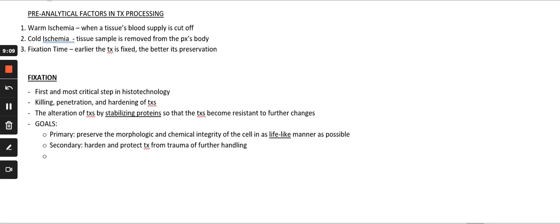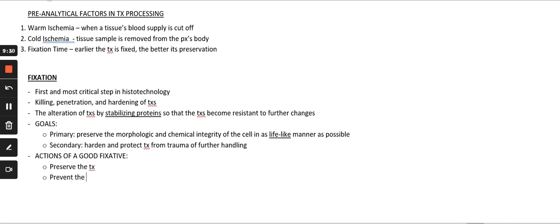With our fixation, we have what we call the actions of a good fixative. Now, what are these actions? We have three actually. The first one is to preserve the tissue.